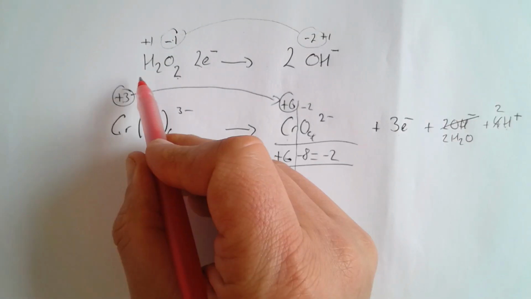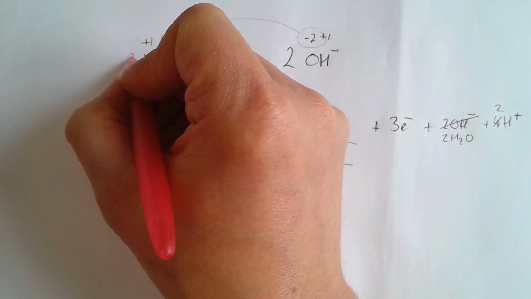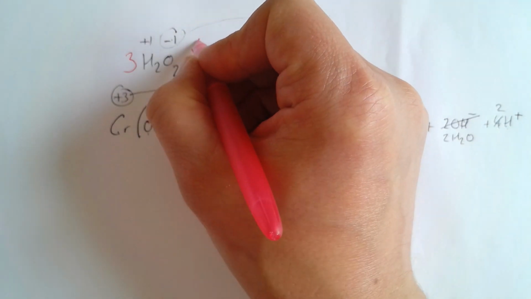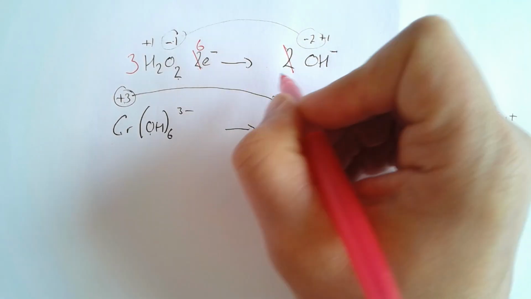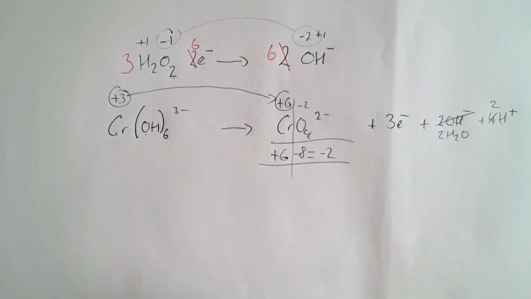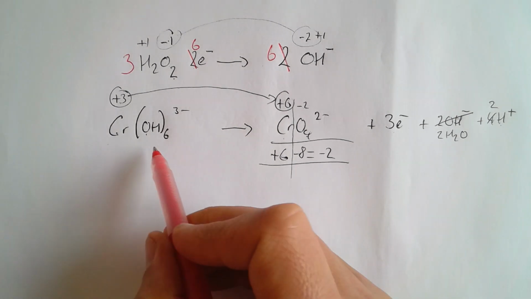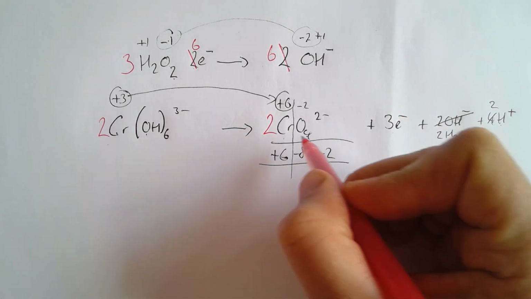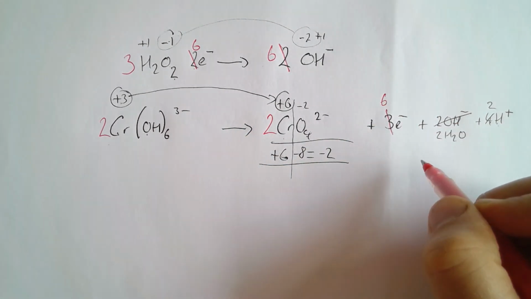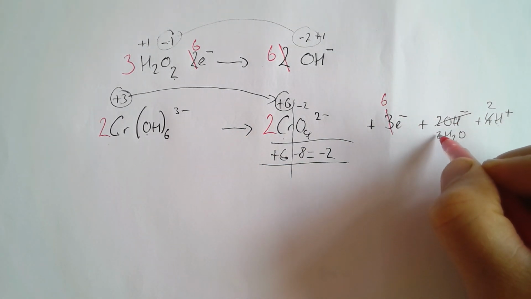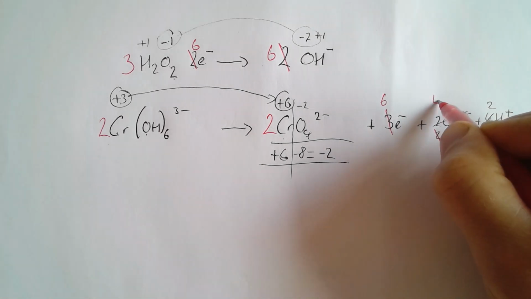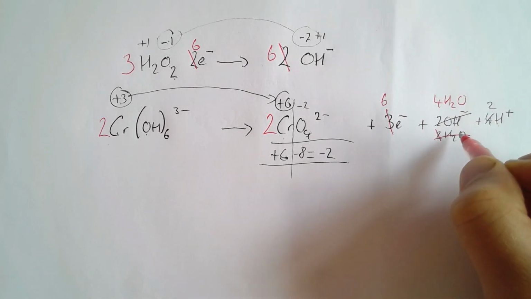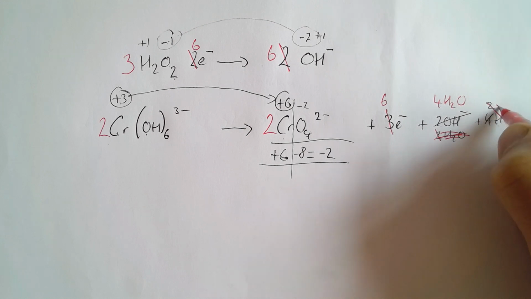So multiplying the top one by 3, so 3 moles here, 6 moles there, and then 6 moles there. I'm going to multiply this line here by 2, so that's 2 moles there, 2 moles there, 6 moles here. That is then going to be 4H2O, and here plus 4H plus.